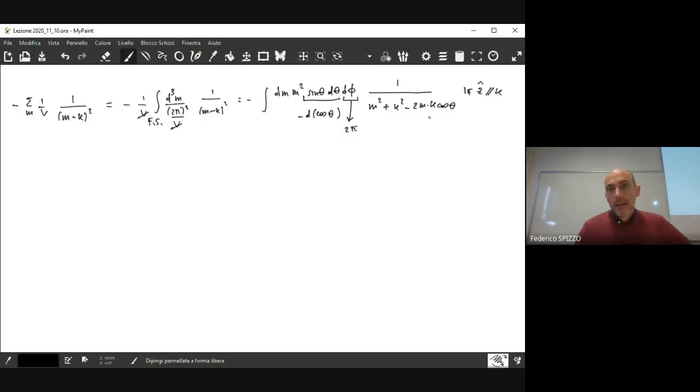In particular, here you may exploit the logarithm function to solve the integral related to this fraction, because before making the integral over m, you make the integral over d cos theta, and you have a constant plus a constant minus twice a constant that multiplies the variable.